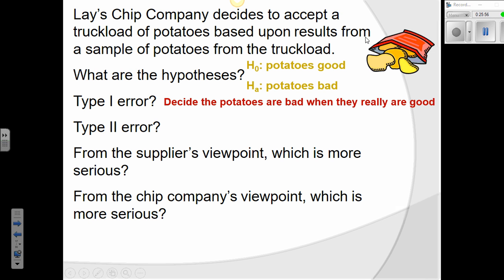So you have to literally look at the null hypothesis and say, this statement's true, but I rejected it. Or I say, this statement's false and I didn't reject it. Because when we do type 2, I'm going to look at H0, the null hypothesis, and read that statement. Potatoes good. That statement is false. The potatoes are not good, but we said they were. We decide that the potatoes are good, but they're not.